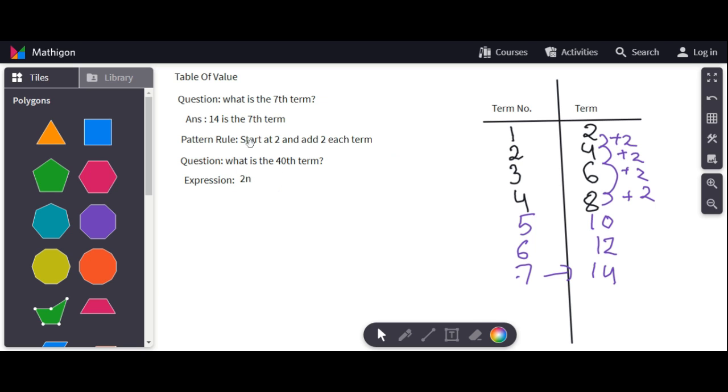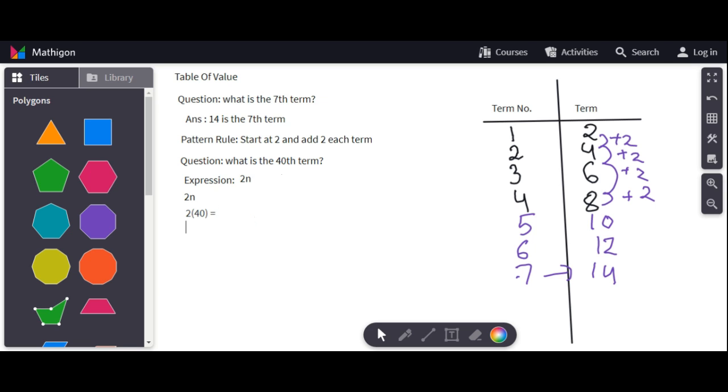Now I'm going to answer my question. What is the 40th term? First of all, what you usually should do is write your expression again. Then you write 2 in brackets, because the n has to be multiplied, and the n stands for 40th. So 2 times 40 in brackets, and then you're going to solve it. What is 40 times 2?